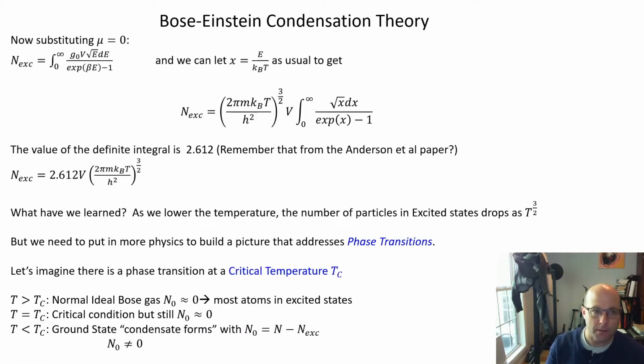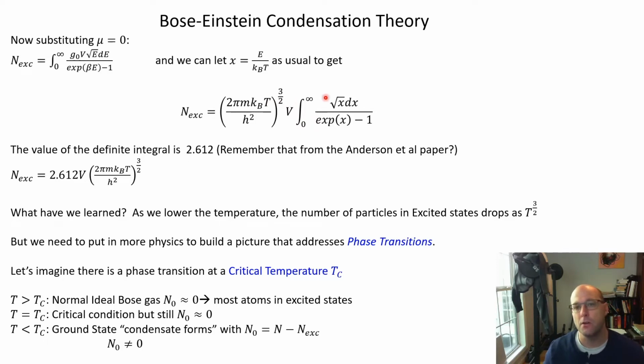Well, let's just do it. We substitute it in, and now we actually have an integral that we can do. We do our standard thing of letting x equals e over kBT, so that we get an expression that looks like this, where now I've written out the G0 and included the substitution effect of e over kBT, so that we get this funny expression that should look similar to something you've seen before.